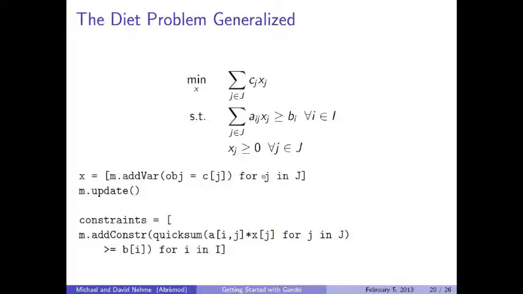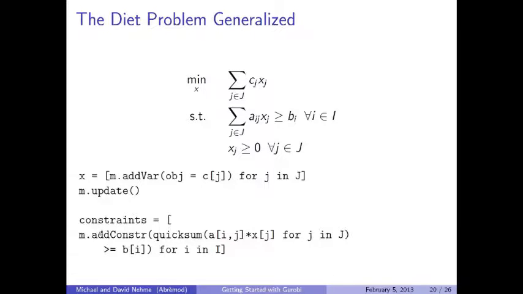So I call the addVar method for each little j in the index set capital J, and the square bracket notation around that addVar call is Python list comprehension syntax, which is going to return us a list of variables that we're going to use later on when we instantiate our structural constraints. So this one line of code instantiates all my decision variables. I call a model update to sync all those decision variables with the model.